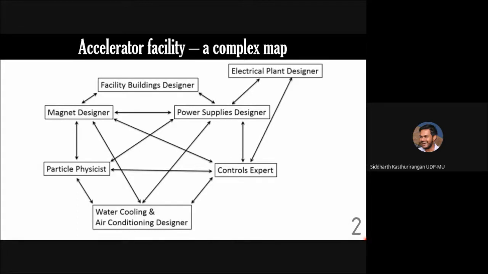A lot of things have to be taken into account before an actual accelerator facility gets even commissioned. I mean not commissioned, even in the planning stage, these things have to be taken into account. Commissioning is the last stage where you actually start operating. Okay.